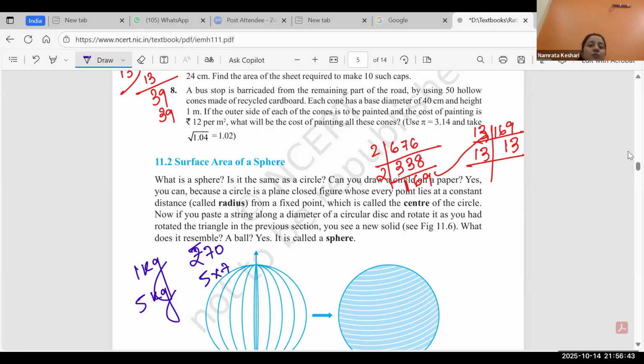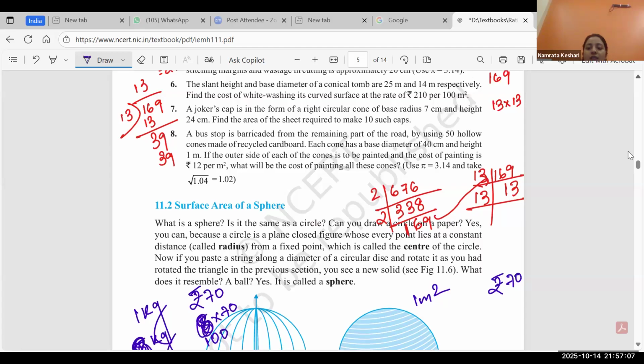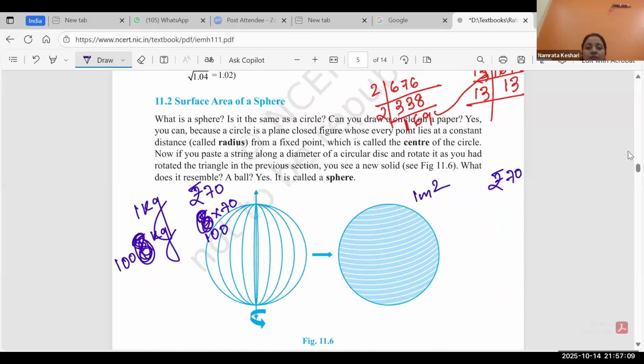Find the price for 8 kg, you will say 8 into 70. Find the price for 100 kg, you will say 100 into 70. Similarly, if 1 meter square cost is 70 rupees, then to find the price for this much meter square, that is 6864 by 7, the cost will be this into 70.